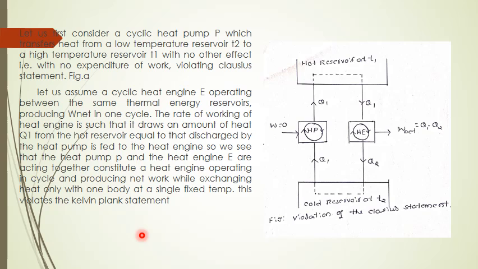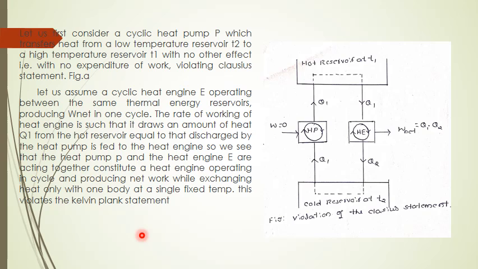Let us assume a cyclic heat engine E operating between the same thermal energy reservoirs, producing net work in one cycle. The rate of working of the heat engine is such that it draws an amount of heat Q1 from the hot reservoir equal to that discharged by the heat pump.